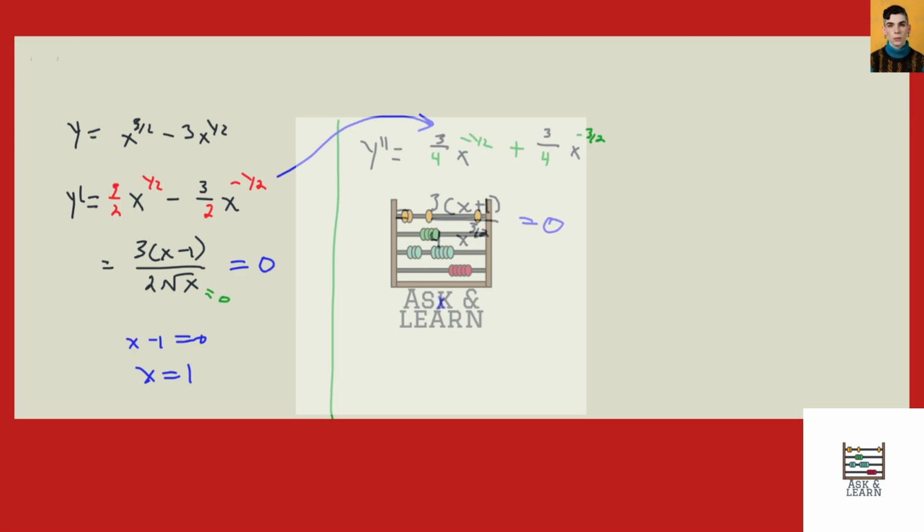And that's going to tell us that x plus 1 is equal to 0, or x is equal to negative 1. Now, this would be a possible point of inflection, but this is not in our domain. So our domain, remember, was supposed to be 0 to infinity. So since this isn't in it, it won't be a possible point of inflection. So in this case, we will have no possible points of inflection.